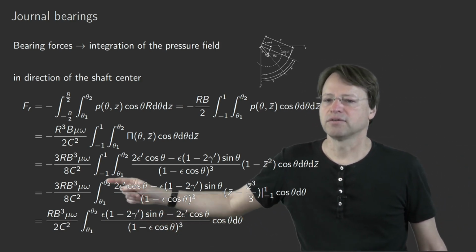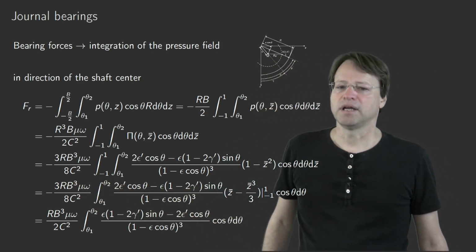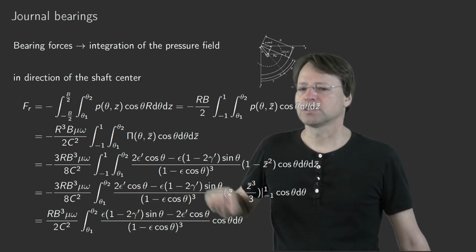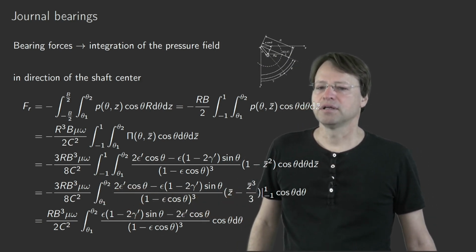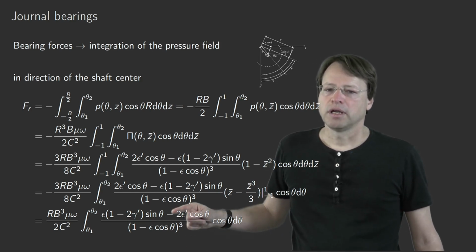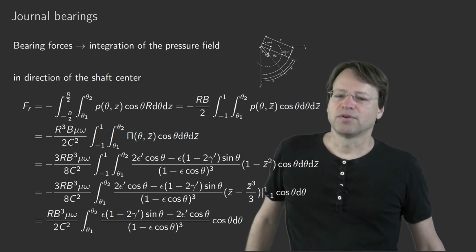What you get is then from this constant here, instead of 3 divided by 8, we would have just a half r_b cubed mu omega c squared. And the rest is 4 divided by 3.